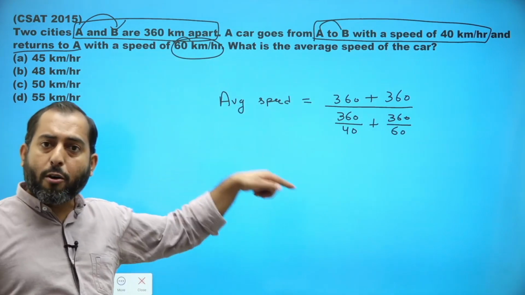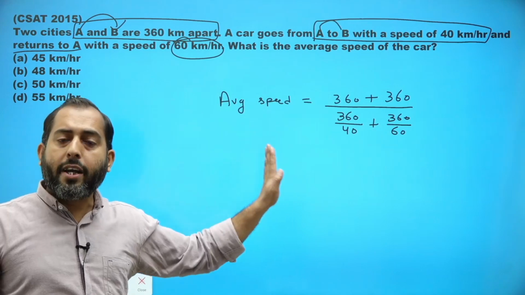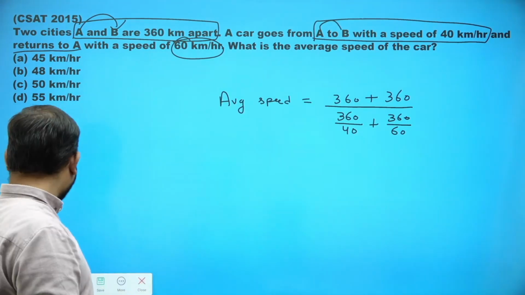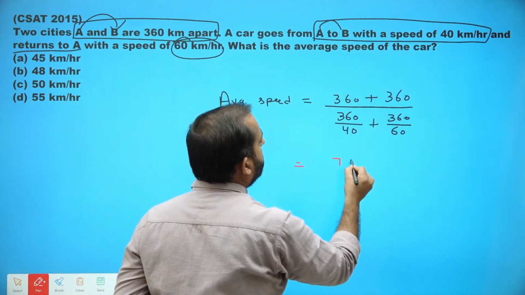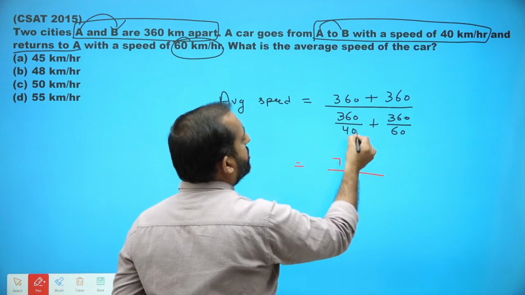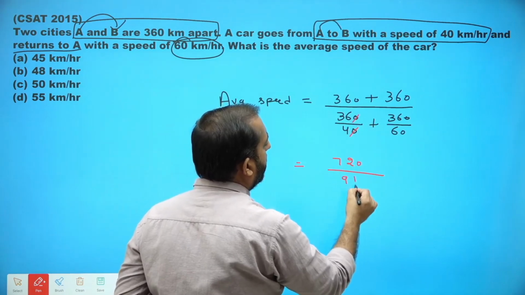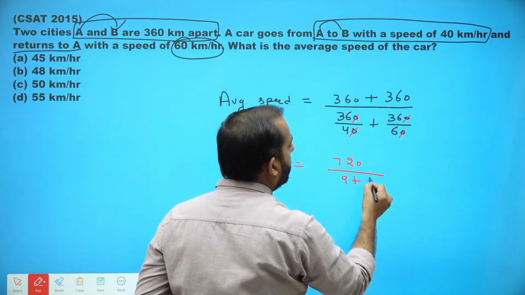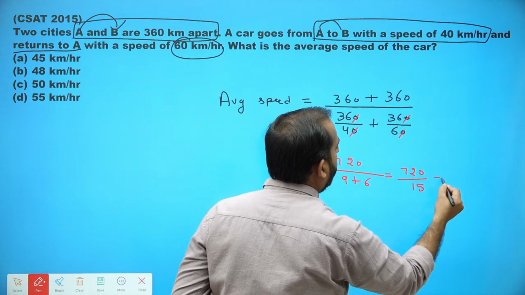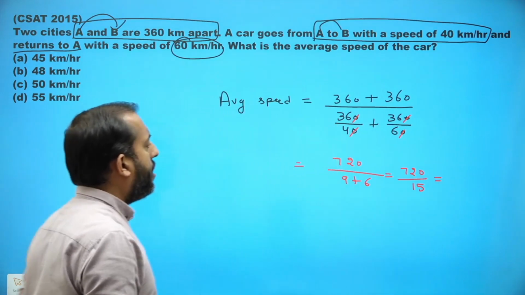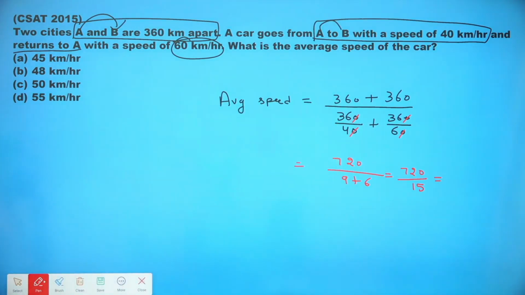So distance upon speed will give me the time taken by the car to return. Now, if we solve this, 360 plus 360 is 720, and cancelling the zero, 9 plus 6, which comes out to be 720 upon 15.